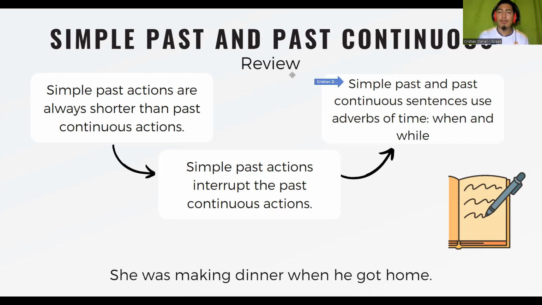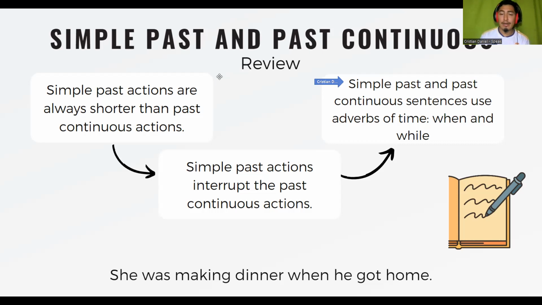After that, simple past and past continuous sentences use adverbs of time. The common adverbs of time we use to link both parts of the sentence are when and while. It is common to use when, but it is also possible to use while for both tenses.